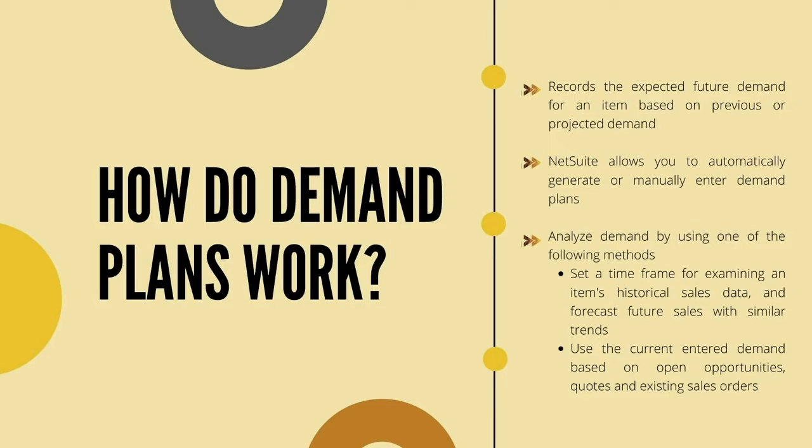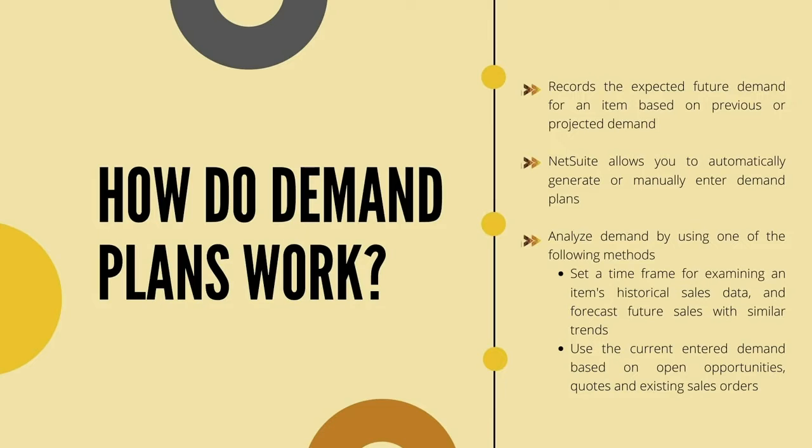NetSuite then allows you to automatically generate demand plans or to manually create your own item demand plan. Each user can then elect to analyze demand by using one of the following methods. It would be either set a time frame for examining an item's historical sales data and forecast future sales with similar trends, or use the current entered demand based on open opportunities, quotes, and existing sales orders.